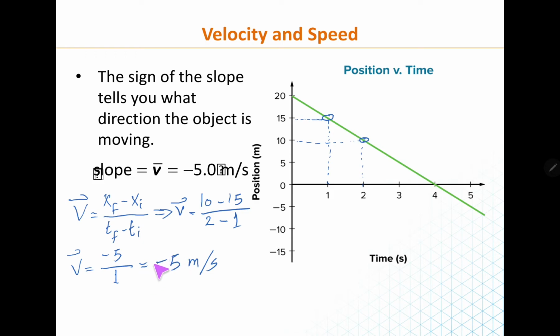The minus here represents the direction of the object moving. So the movement should be to the minus direction, or to the negative direction, which is minus 5 meter per second. This is when we need to find the velocity.